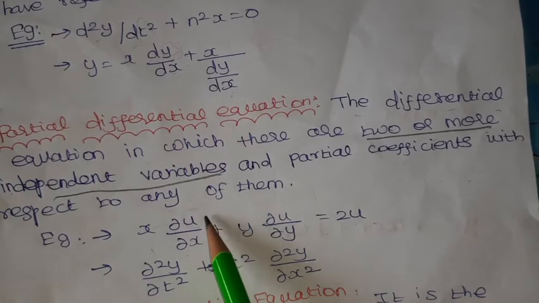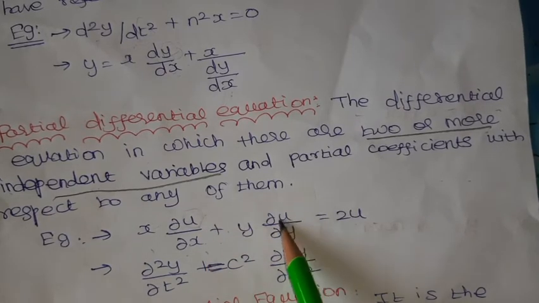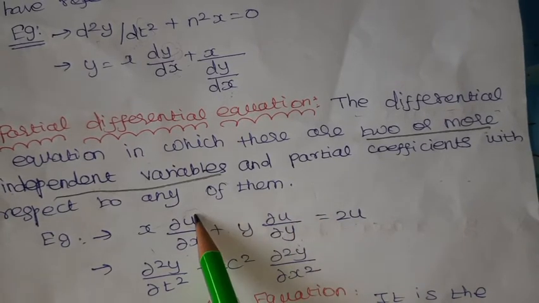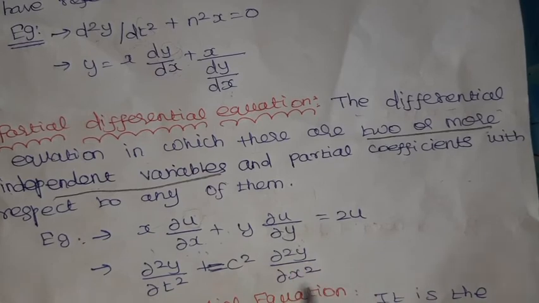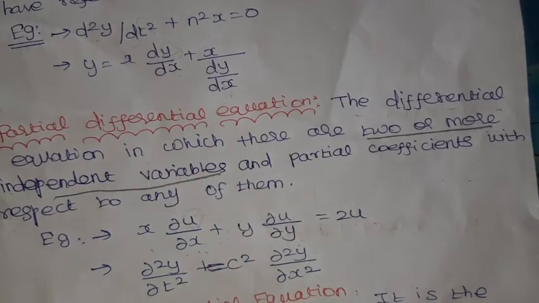Here u is the dependent variable, and x and y are independent variables. u is dependent on both x and y. So when it is dependent on two or more independent variables, it is known as a partial differential equation.